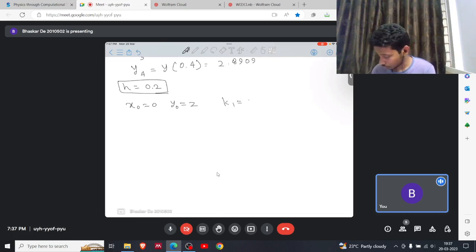So k1 equal to 0.4, k2 equal to 0.44. So y of 0.2 will be 2.4200 and y of 0.4 will be 2.8880.